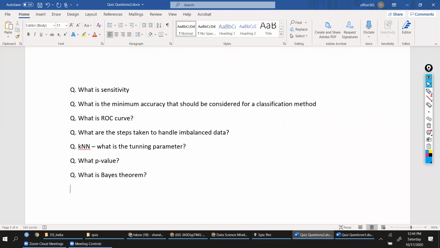Bayes' theorem is nothing but conditional probability. It speaks about the probability of occurrence of an event, based on another event which is affecting this second event. Conditional probability: what will be the output of an event based on a condition? Yeah, it's called conditional probability.